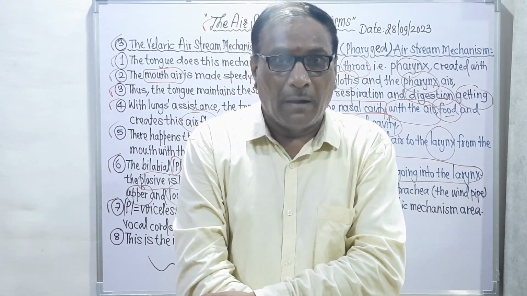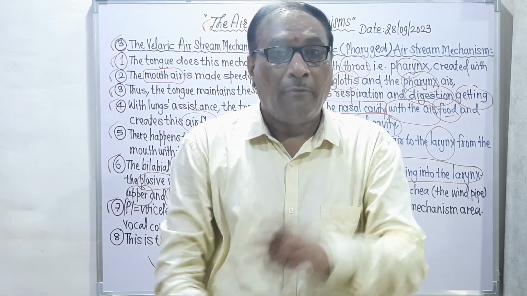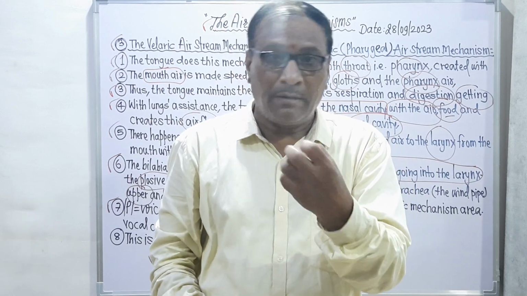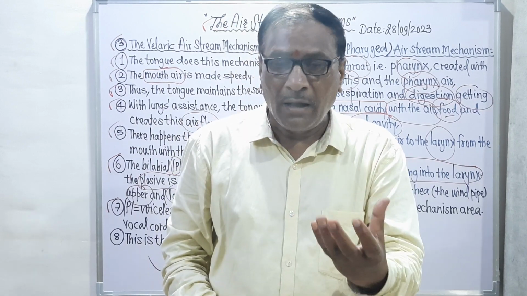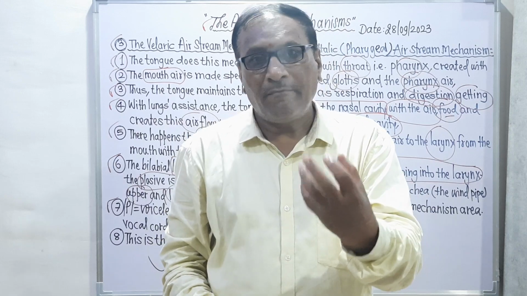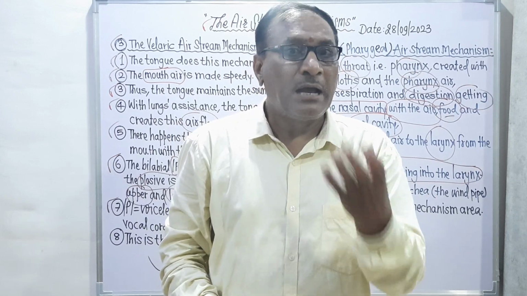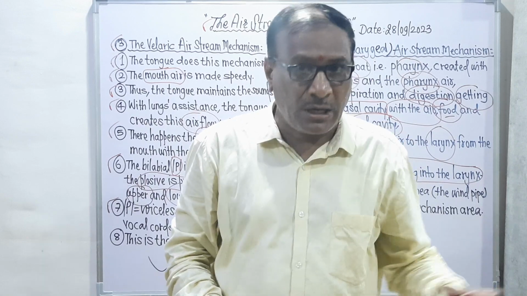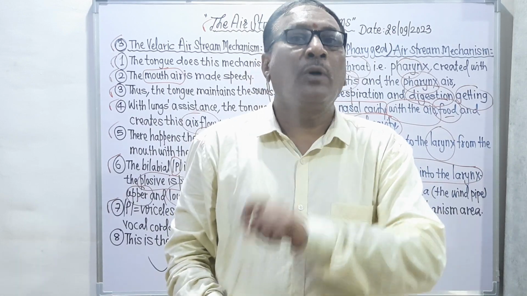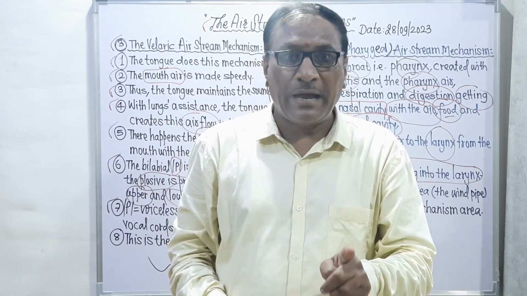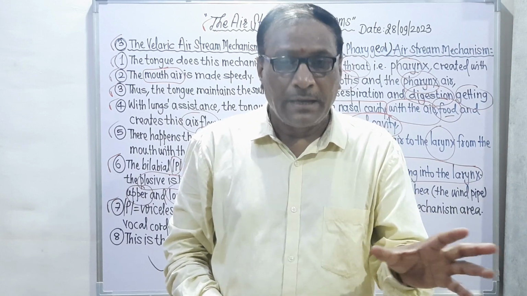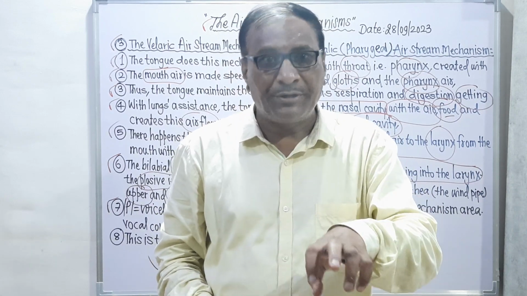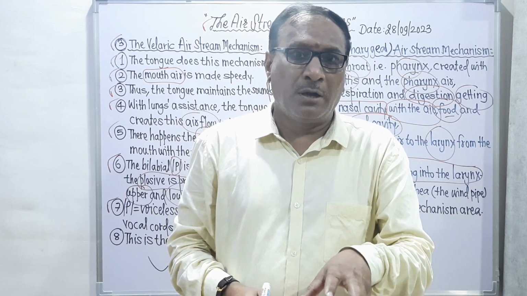See, B, B, B. When I am pronouncing here B, then I am feeling that my vocal cords are getting vibrated. And when I am pronouncing P, there is no effect on my vocal cords, means there is a little bit less effect on them.